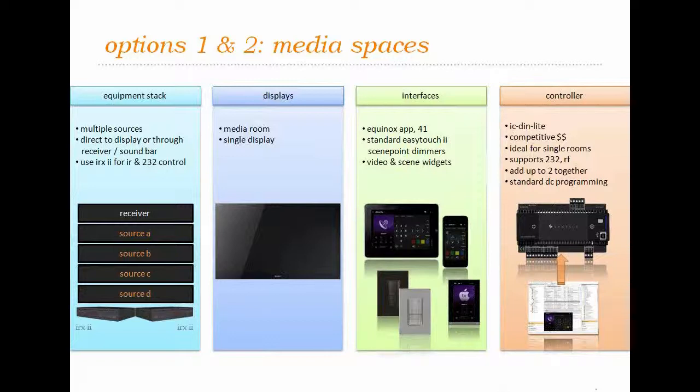So with that controller and with those interfaces, you're in a great position to add in the new low-cost scene points which are available now, and IRX2s. You can bolt on the integration of shades if necessary, climate, audio if you want, and then more.